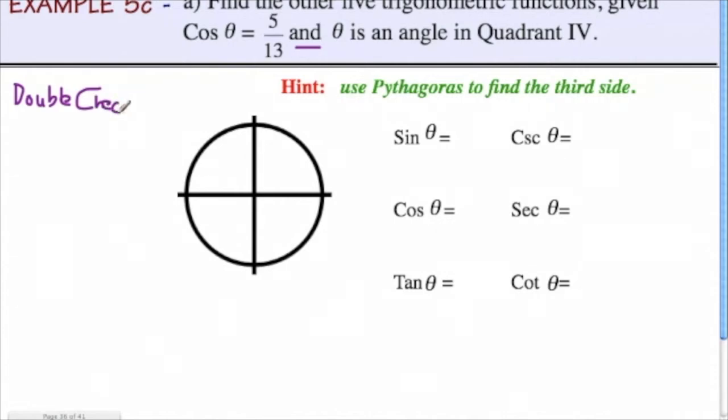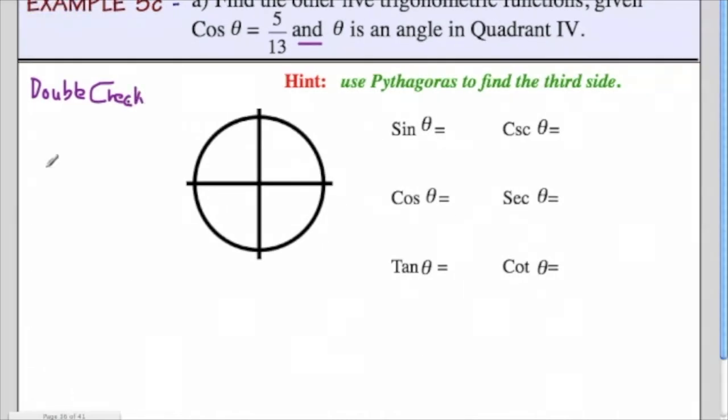So what we do with the double check is this. If I have a sine that's given, and let's say it's greater than 0, and, so remember the word "and", because the word "and" will tell us it's a double check, because it's going to be in one specific quadrant.